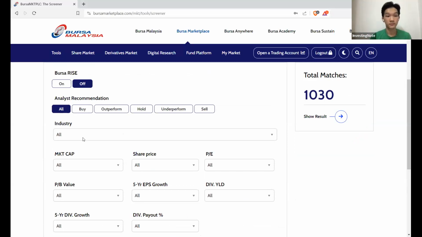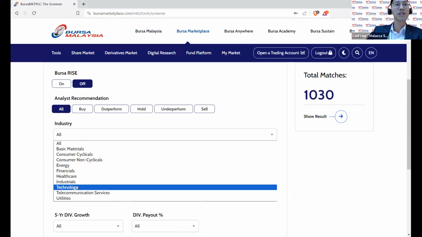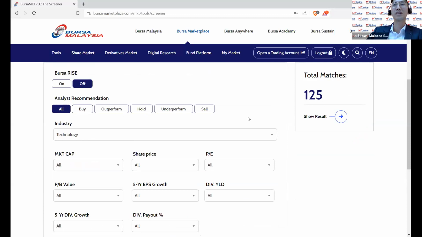So industry, let's say technology. A lot of people are looking at technology, but I think technology really relies on two things. One is the interest rate direction, and the second is the earnings capability. Since the interest rate hike last year, first of all, it reduced the PE multiple expectation of the technology sector.